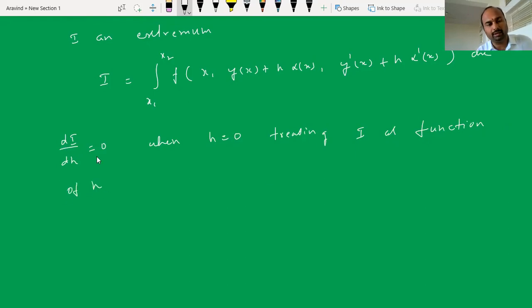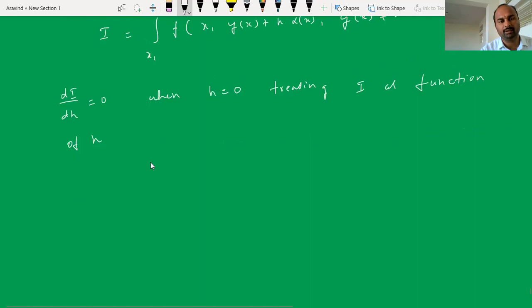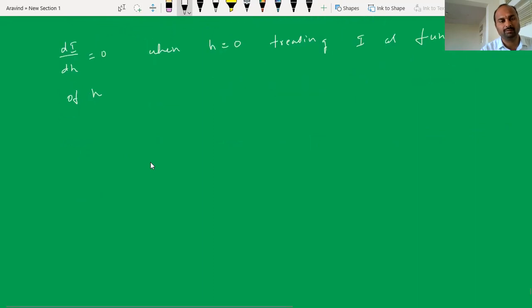See, we take this while finding the maxima and minima. This is the concept we are going to use. You might be aware of how to find the maxima or the extreme values of a function.